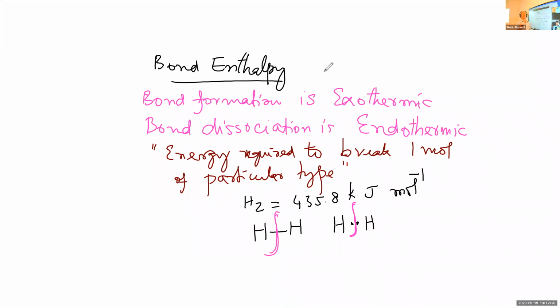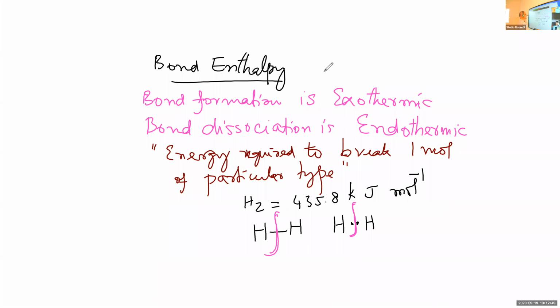That much of energy will be absorbed. That means 1 Avogadro number, 6.02 into 10 raised to 23 molecules of hydrogen will absorb 435.8 kilojoules of energy for complete dissociation.